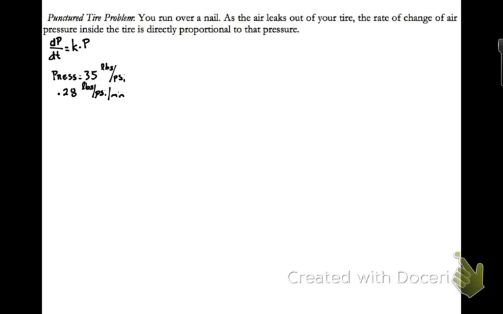So we know that if the pressure is 35 pounds, then the rate is 0.28. So what would our differential equation be?